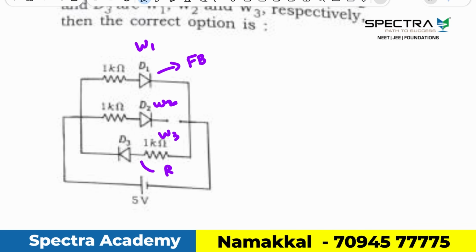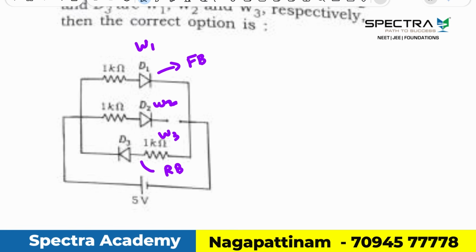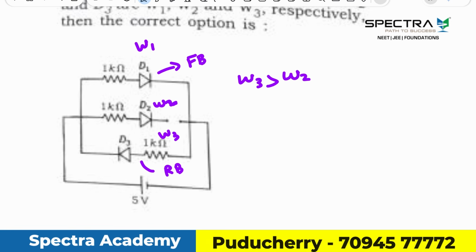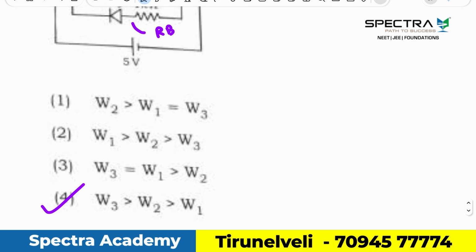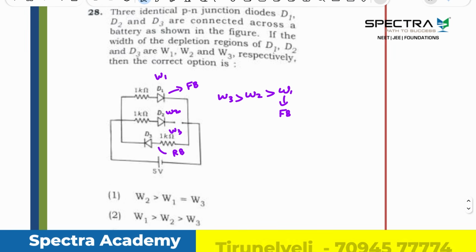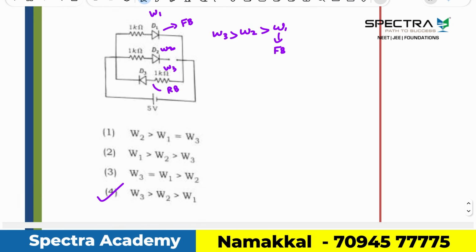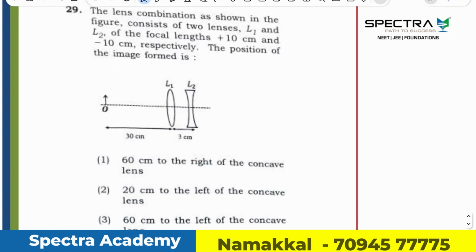You know, in reverse bias depletion width will increase, in forward bias depletion width will decrease. So I can tell W3 should be greater than W2 should be greater than W1, because W1 is forward biased so depletion width should decrease, and W3 is reverse biased so depletion width should increase, which is option 4. Very simple. Hope you understood this question, question number 28. Now let's move on to the next question.